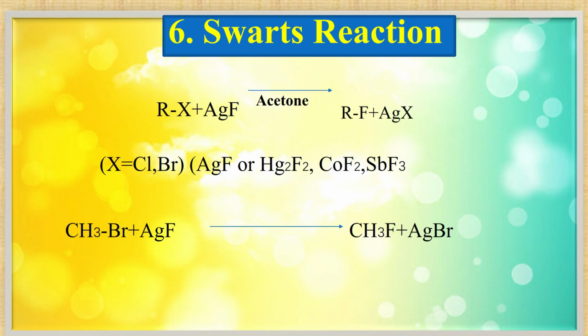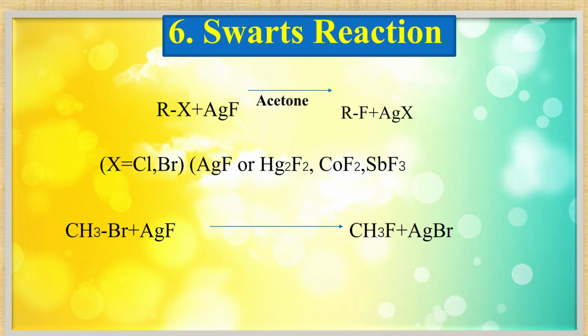Next one is the Swarts reaction. This is also important because we are going to prepare fluoroalkane. As you know, getting fluoroalkane from alkane is very difficult because the reactivity of fluorine is very high and the reaction is extremely exothermic. Therefore, you can prepare it by an alternative method, that is from alkyl halide. It is chloroalkane or bromoalkane, you can get fluoroalkane.